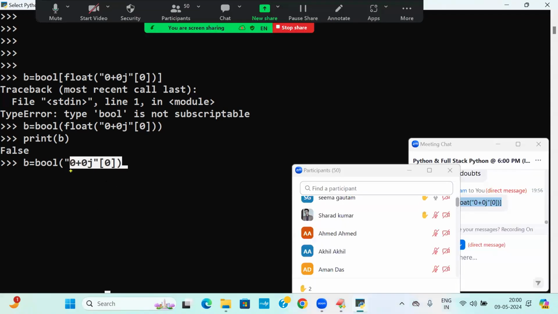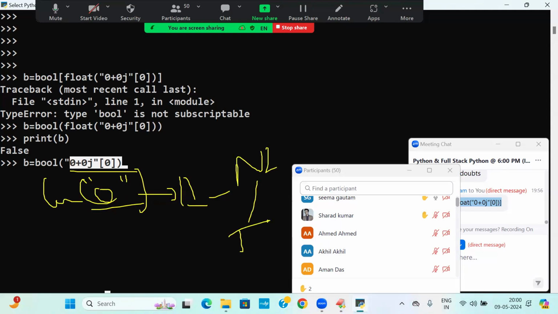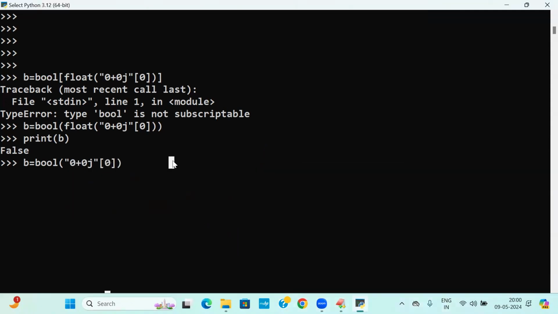Because this is going to give you 0 within the double quotes. With double quotes, the length will be considered. What is the length of this? 1. 1 means non-zero, and non-zero means true. Print of B gives true because the length is 1 only. That's why it is true. Are you following that? Yes, sir. Thank you, sir.